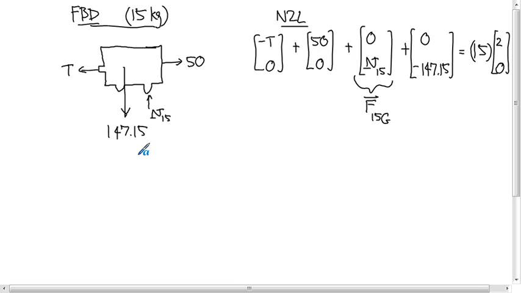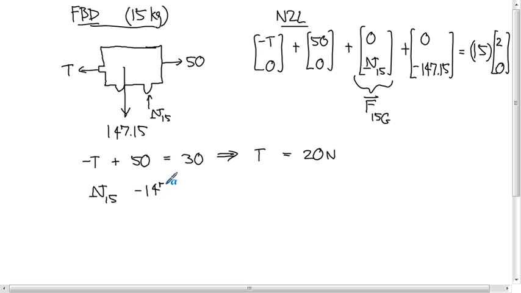The first equation says negative T plus 50 is equal to 30. Okay, so the tension here in this cable is 20 newtons. I didn't ask for that, but we can get that from the first equation. And then the second equation says N15 minus 147.15 is equal to 0.